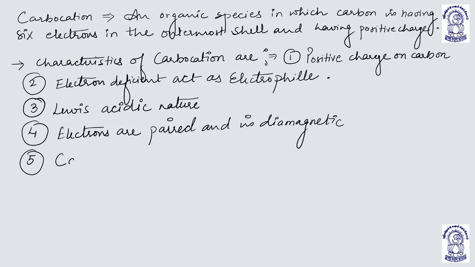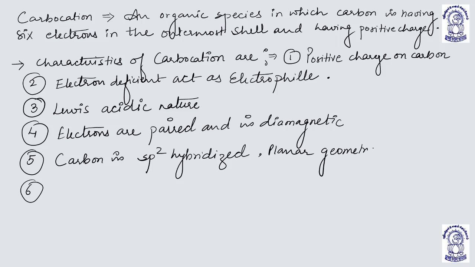The carbon is sp2 hybridized. As it is sp2 hybridized, it shows planar geometry, and because of planar geometry, it is very likely to have racemization in stereogenic conditions and shows optical isomerism.